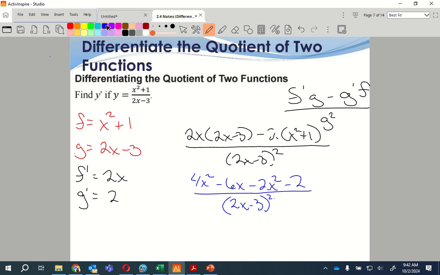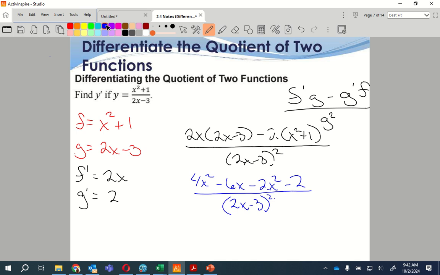So if you notice, I'm just leaving that bottom alone. That's factored and it's squared. So one thing I want to try to do, if I can, is cancel out one of those 2x minus 3's. If I can, I could simplify it at the end, but that's what I'm going to use the top for. So now let's combine like terms.